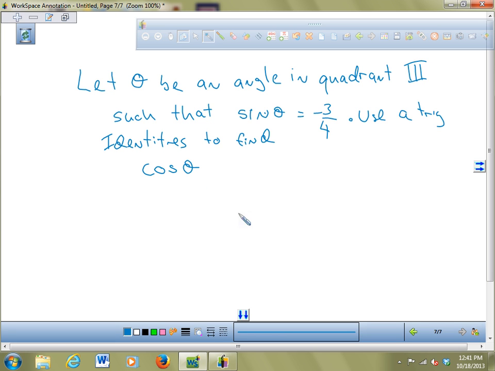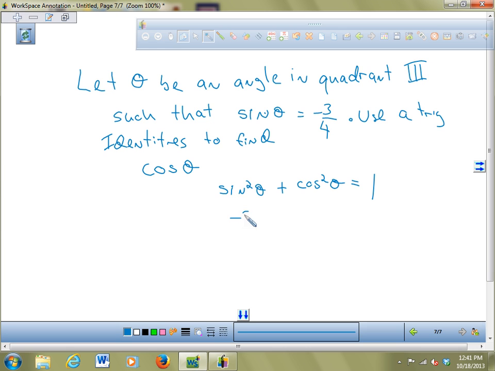Okay? So what trig identity could I use? Can anyone tell me? With sine and cosine, what trig identity did we talk about earlier? Sine squared plus cosine squared, okay? So that's what I'm going to do. I'm going to use sine squared theta plus cosine squared theta equals what? 1. So now, sine of theta is negative 3/4.